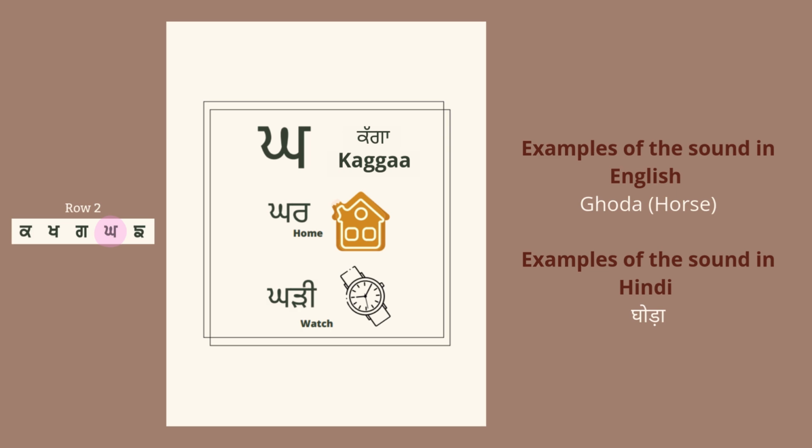There are no substitutes or similar alphabets in English, so let us look at a similar sound in Hindi. In Hindi, the equivalent alphabet is gha, ghoda. In Punjabi, the same word will be pronounced as kagga, ka, koda.